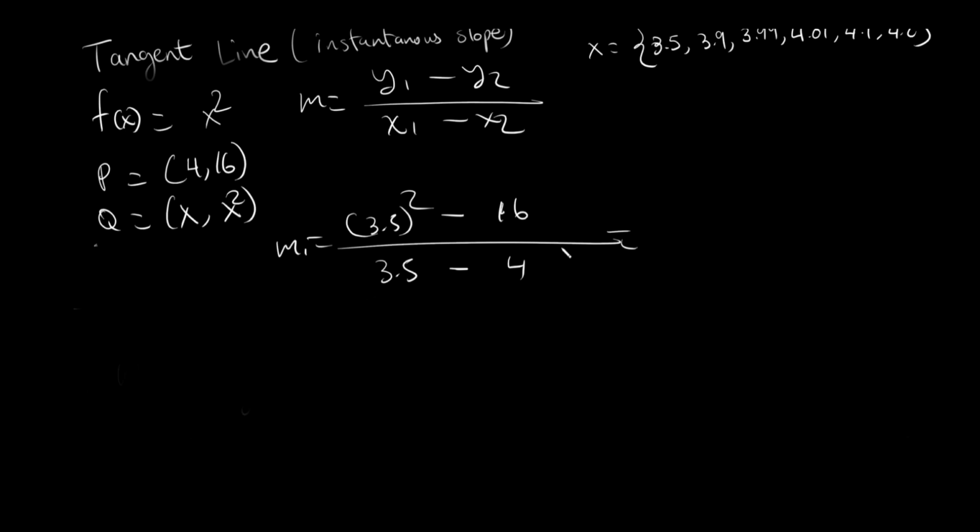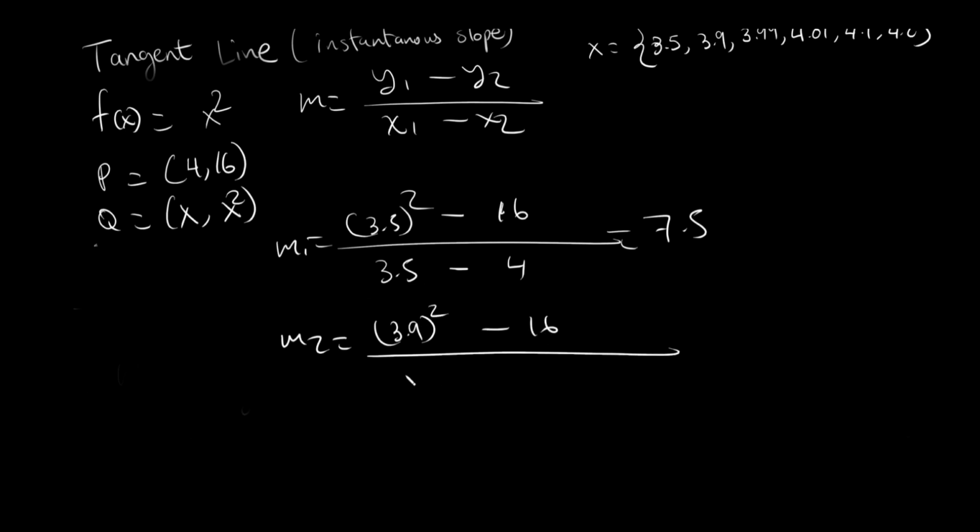That gives us 7.5. Let's take m2: 3.9 to the power of 2 minus 16, over 3.9 minus 4.